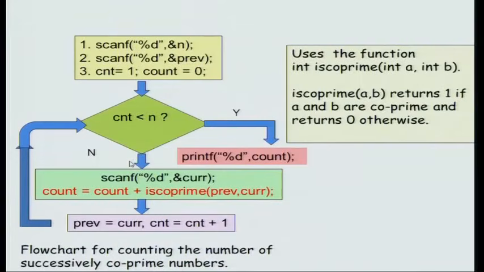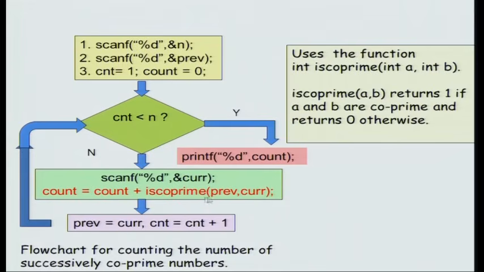You have a flow chart which reads numbers one by one, and count is the number of co-prime pairs that you have seen so far. You check whether you have seen n numbers. If you have not, then you read the next number and check whether the previous number and the current number form a co-prime pair.